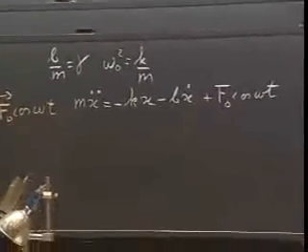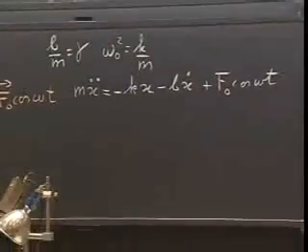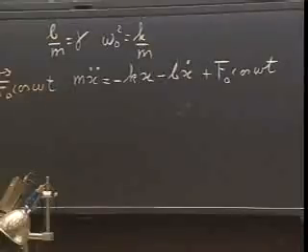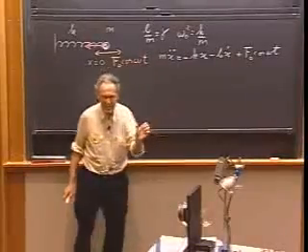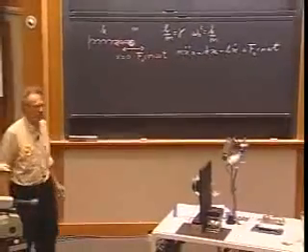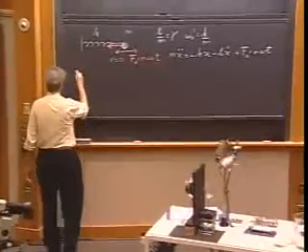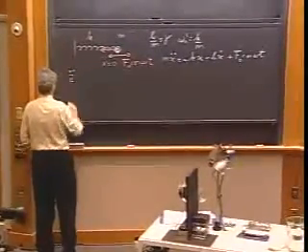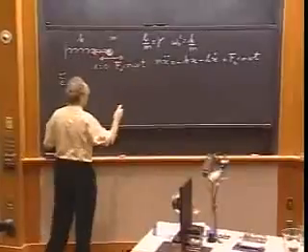What I'm going to do now is move this to the complex plane. Not that it is absolutely necessary, but I'm so used to that. So I'm going to write this now in terms of a z, and then we take the real part of z later, which goes back to x. So I write this in terms of z double dot. I divide m out.